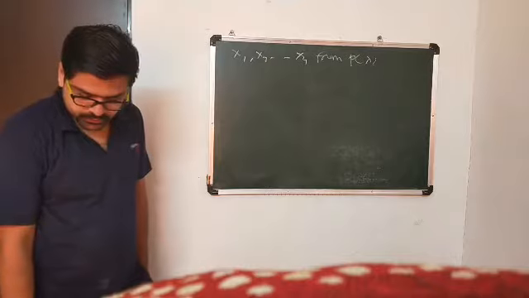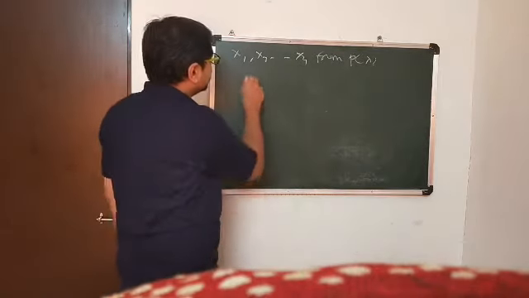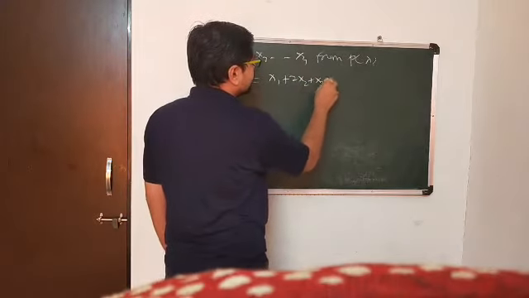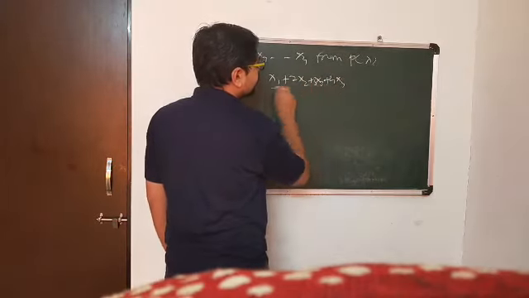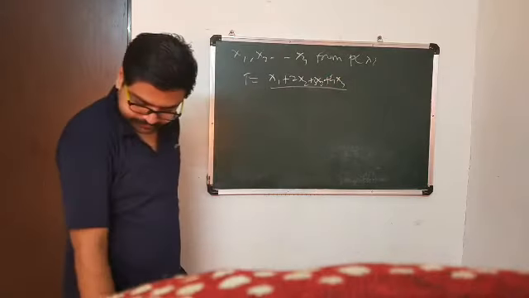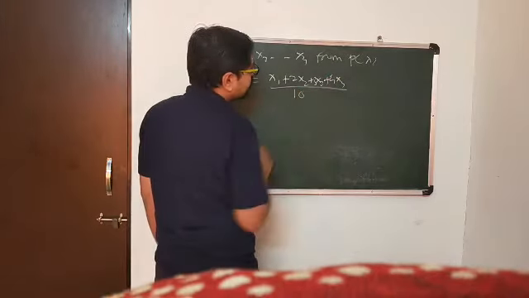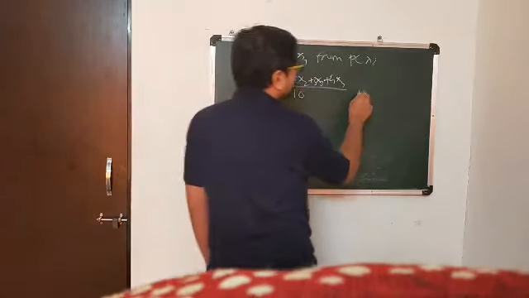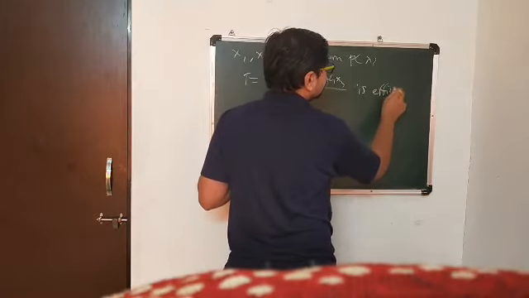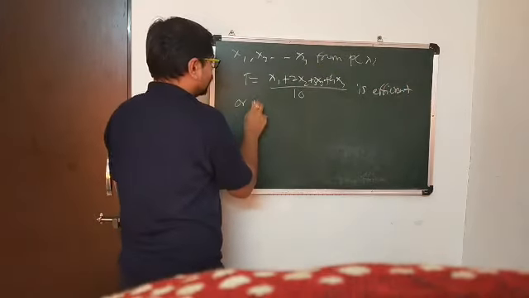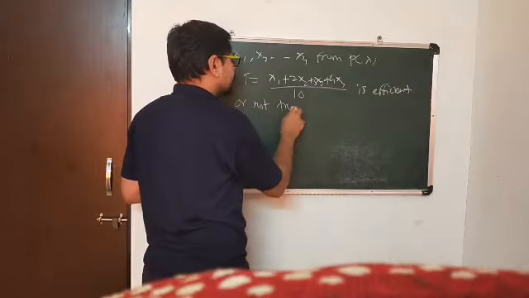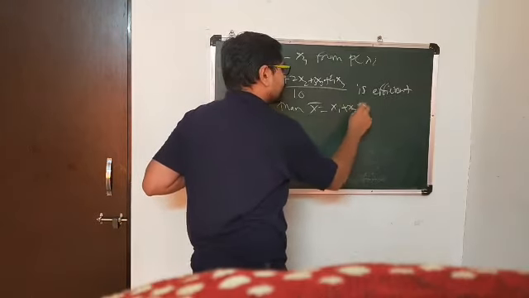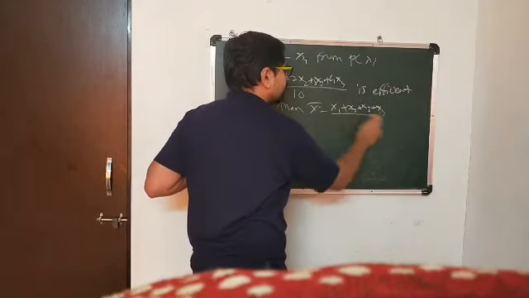Then we have to check whether T is equal to x1 plus 2x2 plus 3x3 plus 4x4 divided by 10 is efficient or not than x bar, which is equal to x1 plus x2 plus x3 plus x4 divided by 4.